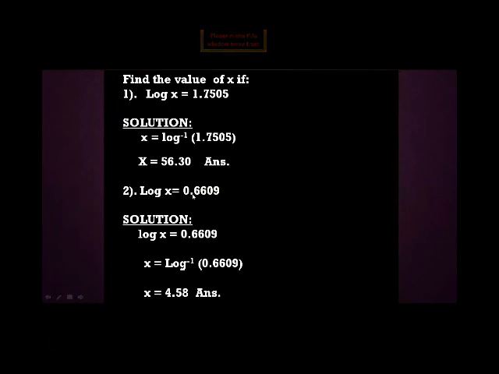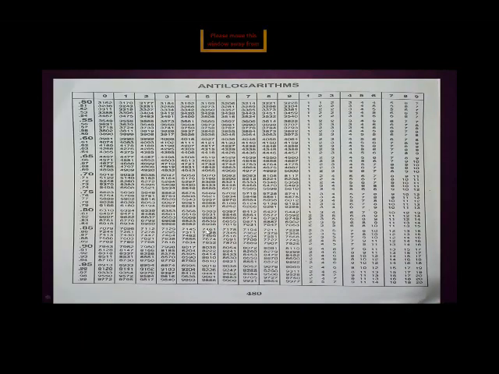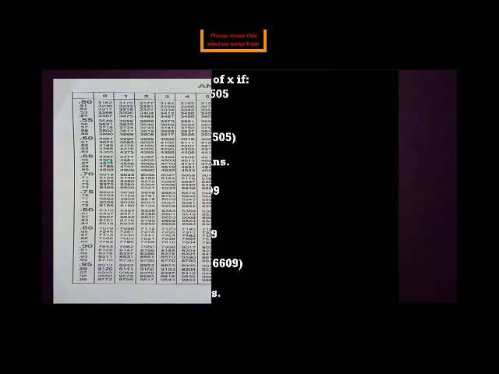Now log x is 0.6609. How will you find its antilog? First you will see 0.660, and then the mean difference you will see 9, and then add up both. 0.660 is 4571 and the difference is 10. So add these two. 4571 plus 10 is 4581.